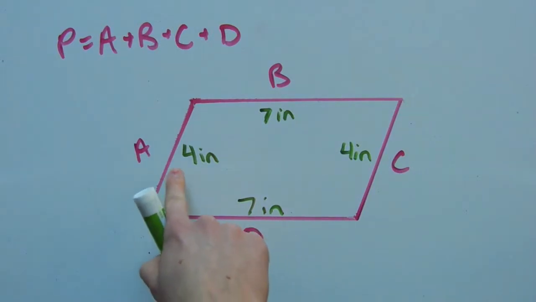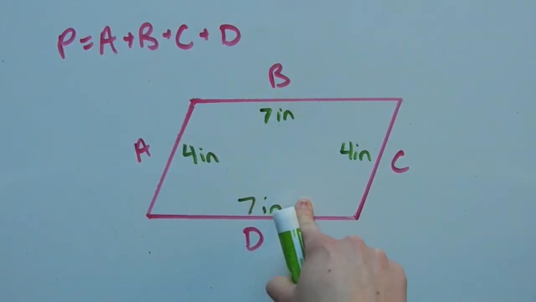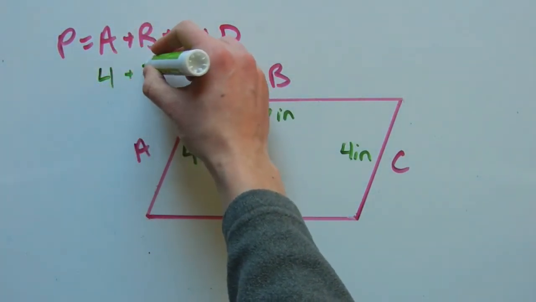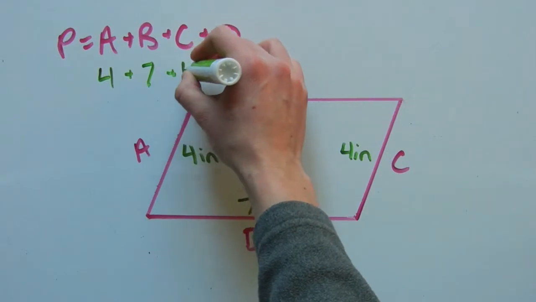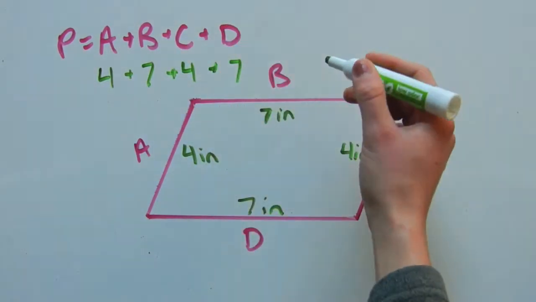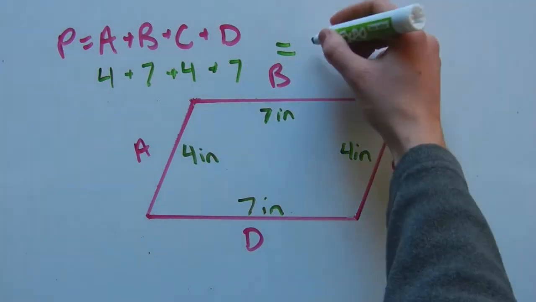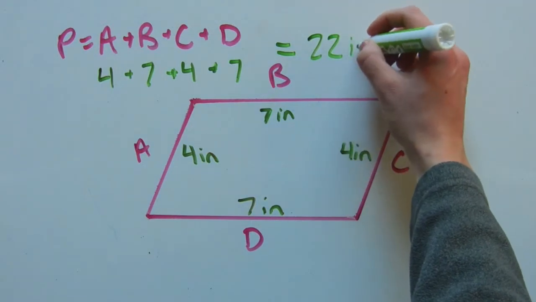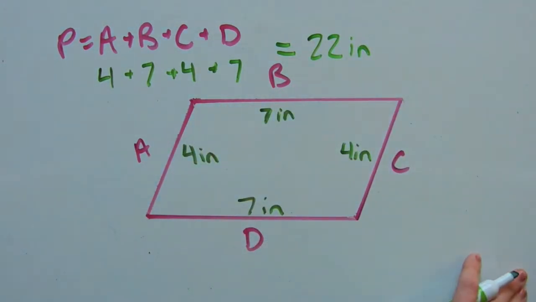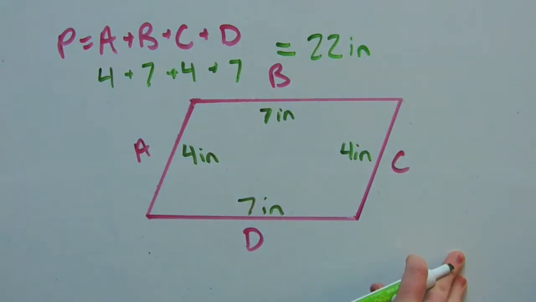So now we have to add A plus B plus C plus D. So that would be 4 inches plus 7 inches plus 4 inches plus 7 inches. And that's a grand total of 22 inches. So the sides all add up to be 22 inches. So the perimeter is 22 inches.